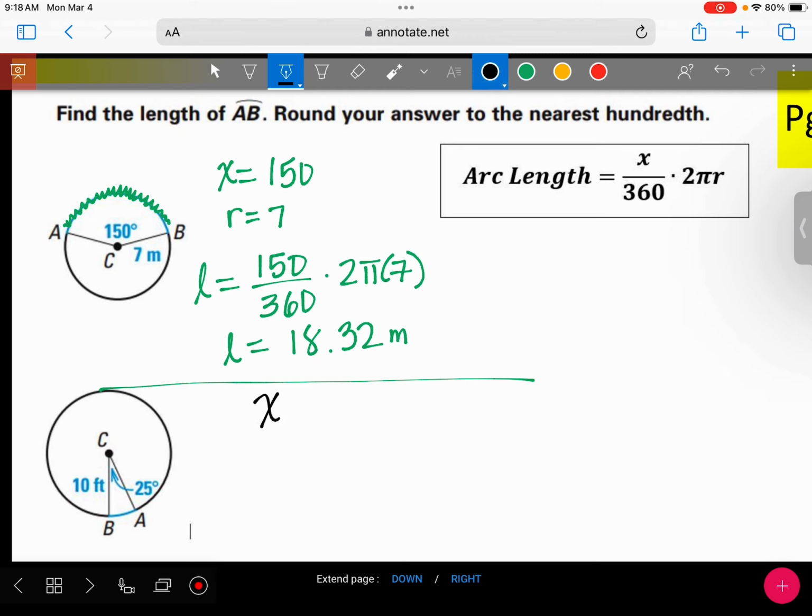So we got our angle, which is 25 degrees, and they told us the radius is 10. Go ahead and type that in.